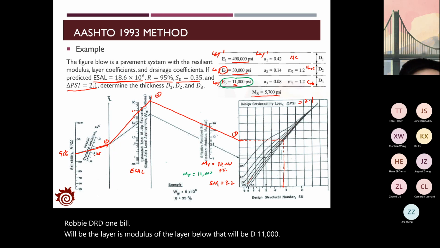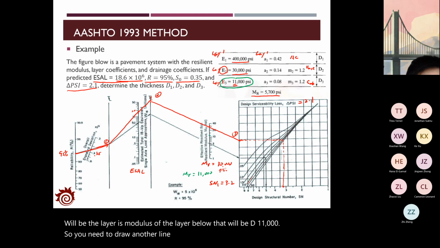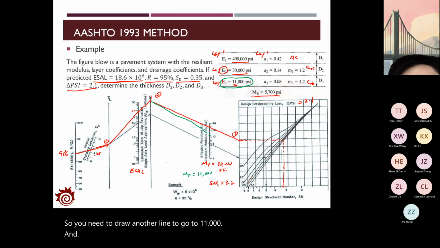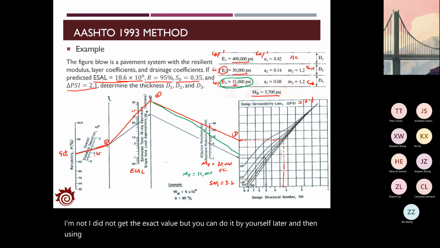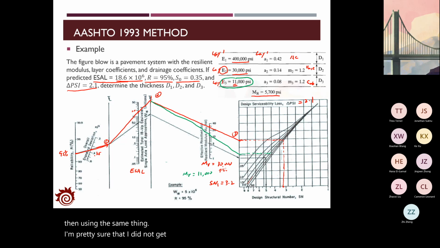So you need to draw another line to go to 11,000. I did not get the exact value, but you can do it by yourself later. Basically SN2 would be around 4.5.